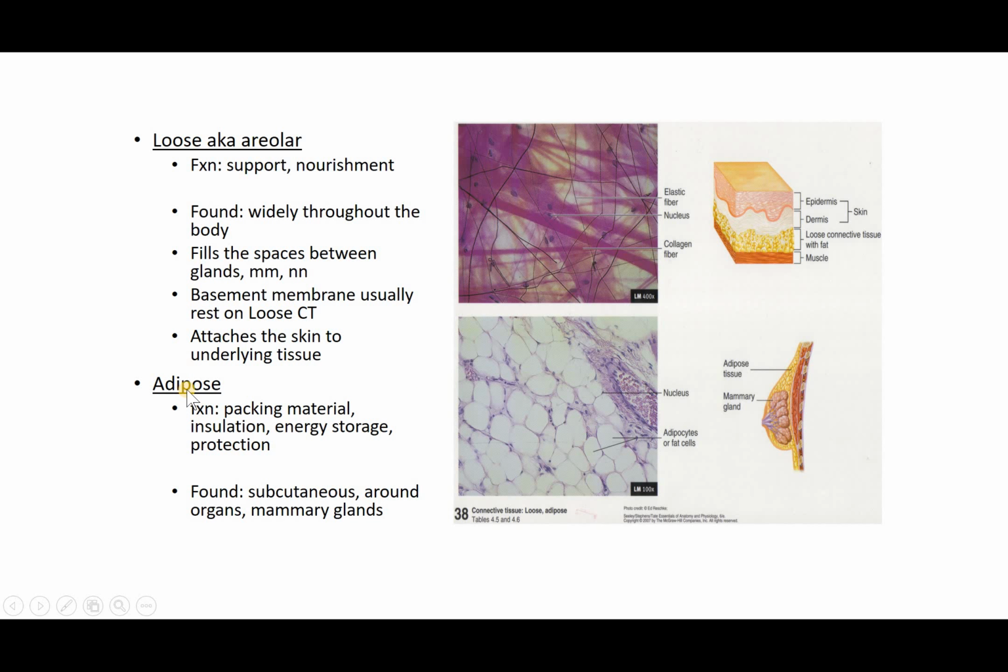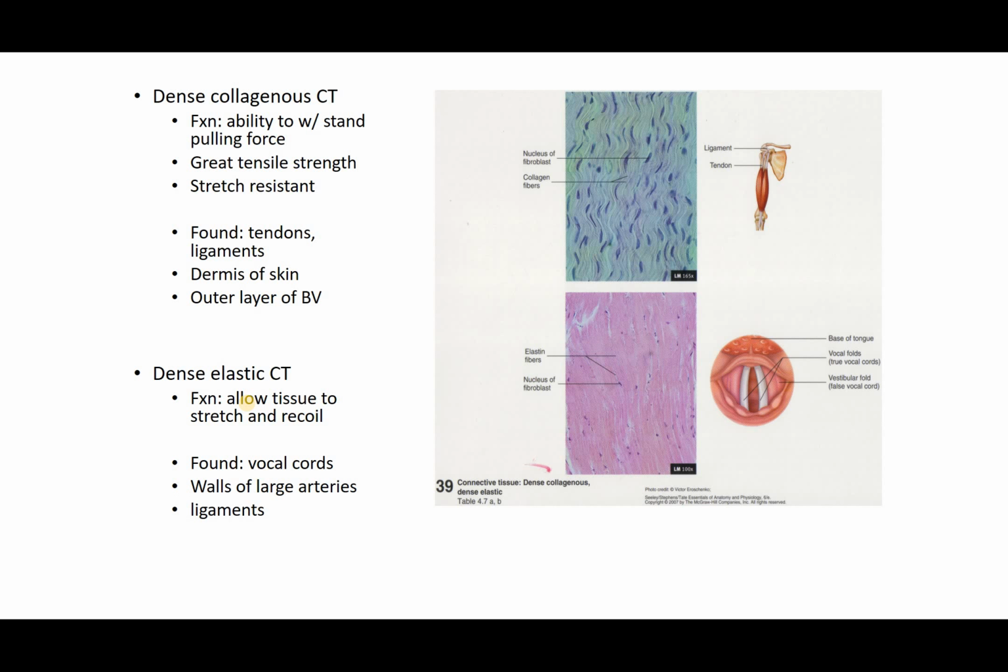Adipose tissue, which is the fancy term for fat, functions in insulation, energy storage, and offers some protection, and it's found widely throughout the body, under the skin, around organs. Okay, dense collagenous connective tissue has the ability to withstand a considerable amount of force.